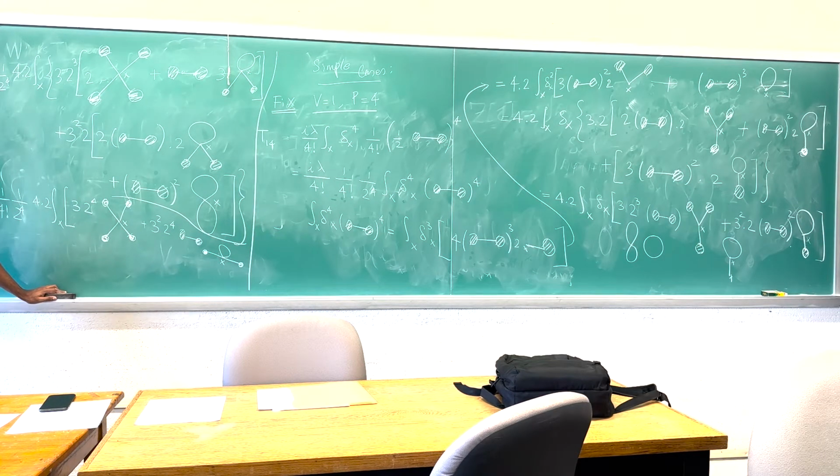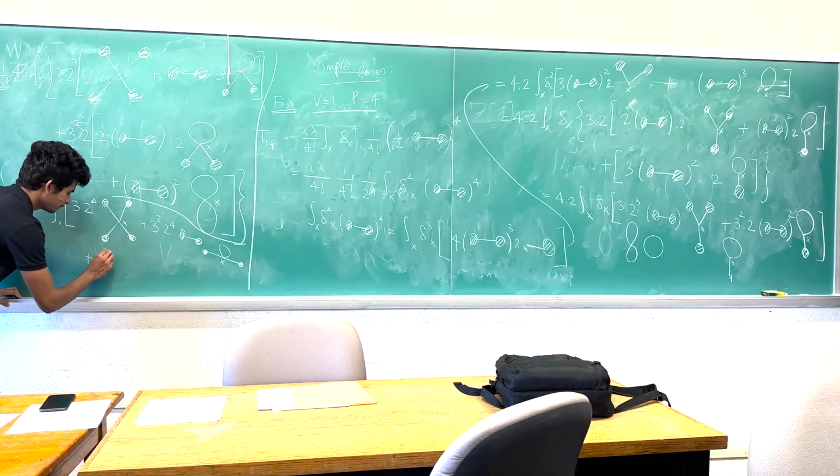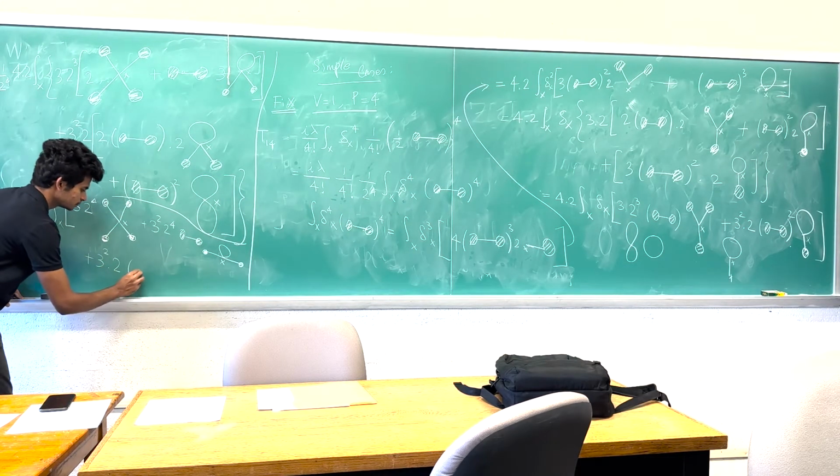Pull the 3 out, right? Just call the diagrams A, B, C, it'll be easier. Plus 1. Plus this guy, which has no factors, 3 squared, 2 squared, 6 squared, 18 cubed.